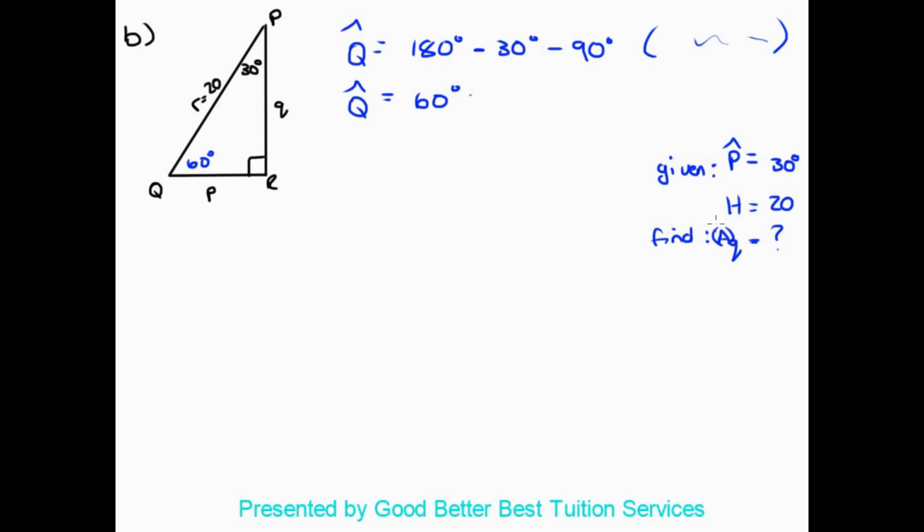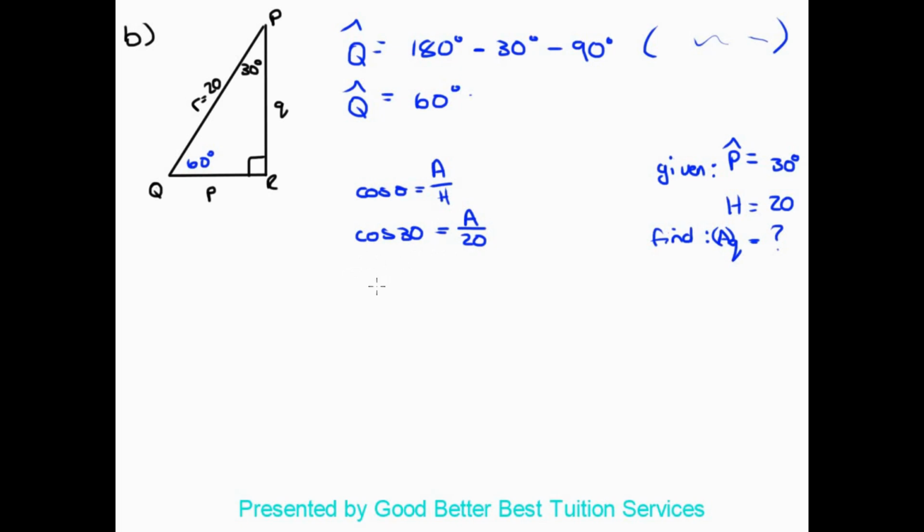So we know we're dealing with adjacent and hypotenuse, which is going to be cos, right? So we can say cos theta or cos x, or whatever you want to say. Cos theta is equal to adjacent over hypotenuse. We're going to substitute in all of our values that we have. So cos 30 is equal to the adjacent, which we don't have, over the hypotenuse, which is 20.